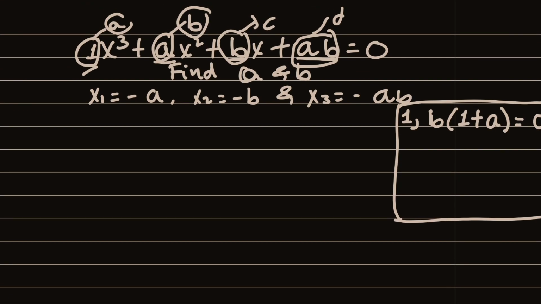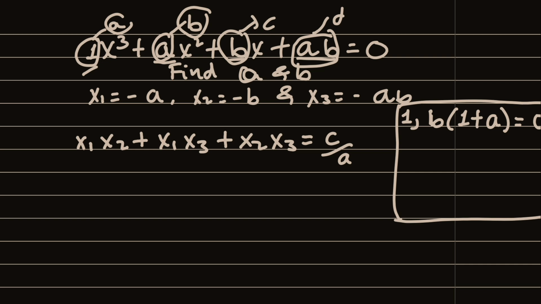Okay, the second Vieta's formula says that root 1 times root 2, plus root 1 times root 3, plus root 2 times root 3, equals C over A. Don't forget, there is no minus sign in the second formula of Vieta.